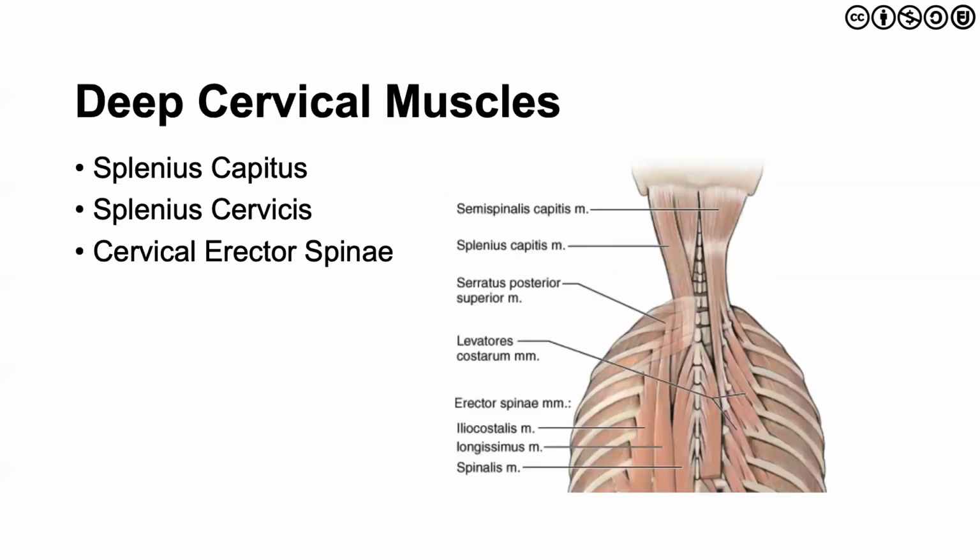Additionally, there are deep cervical muscles. We see these as our paraspinals, oftentimes the cervical erector spinae, as well as the splenius capitis and cervicis, and semispinalis capitis as well, being those more cranial muscles, sometimes also targets of suboccipital dysfunction.